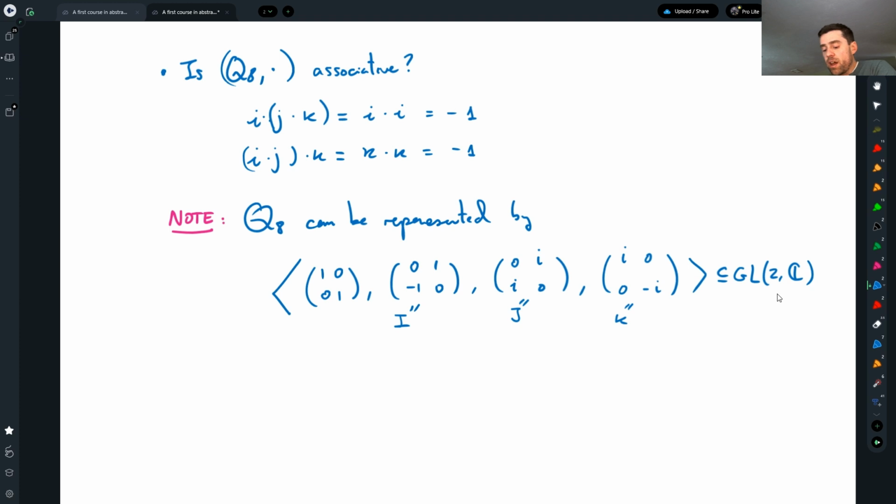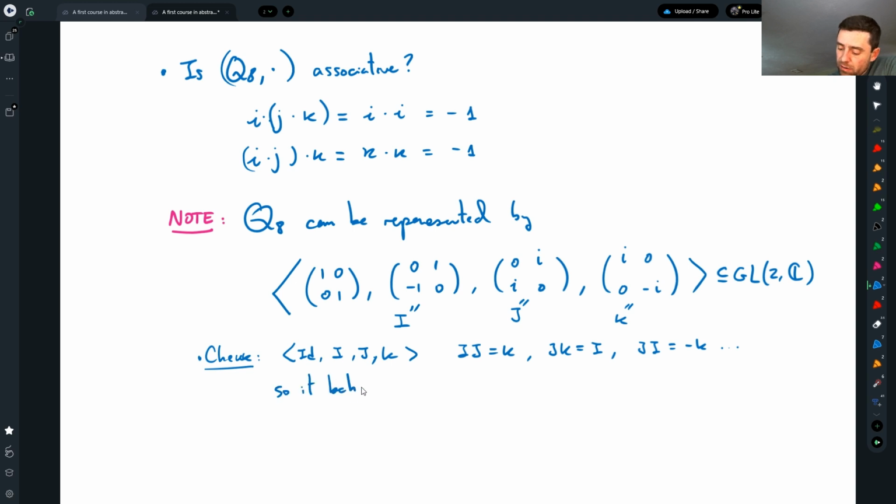One can check, and maybe I'll leave that as an exercise, that the identity, I, J, K generate a group such that I times J equals K, and J times K equals I, and J times I equals minus K, etc.